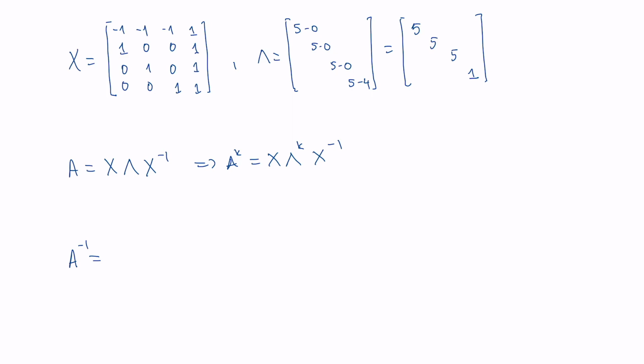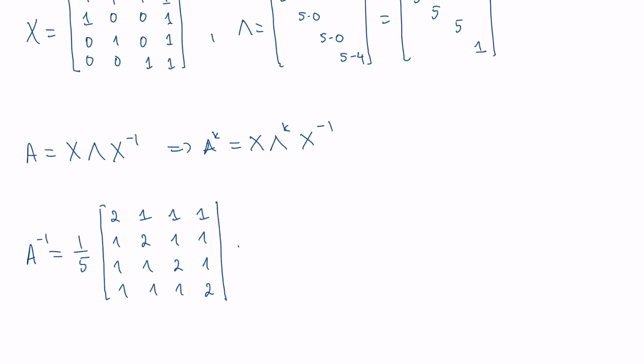But A inverse is 1/5 of a similar matrix: 2, 1, 1, 1, 1, 2, 1, 1, 1, 1, 2, 1, 1, 1, 1, 2. So it's actually 1/5 of the identity plus the matrix B.